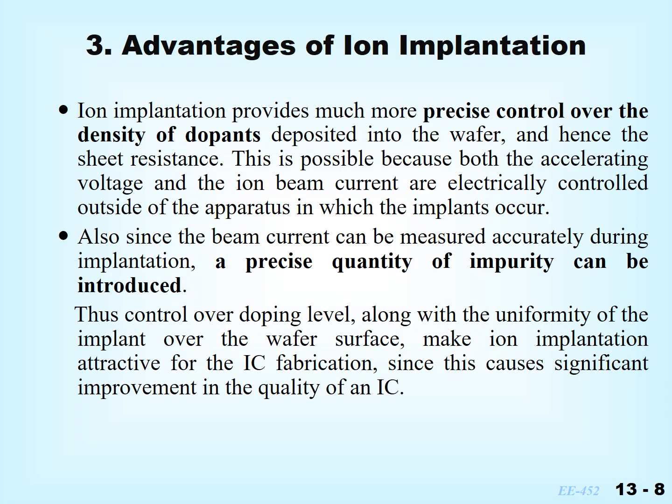It does have certain advantages over diffusion: as compared to the diffusion profile, ion implantation junctions are more precise and well controlled because we can control the dopant density well. Lateral diffusion is very less, so that is another advantage. The quantity of dopant can also be controlled here.